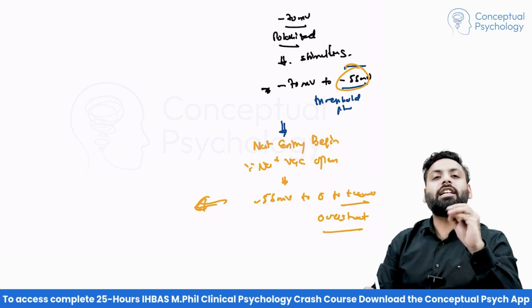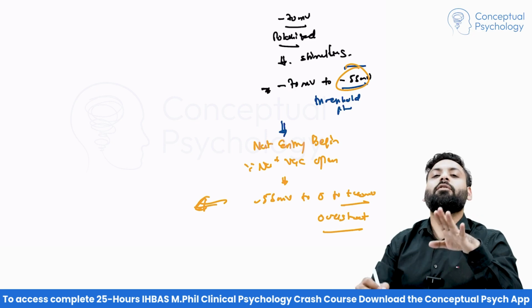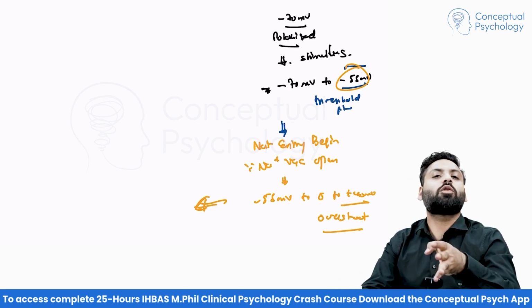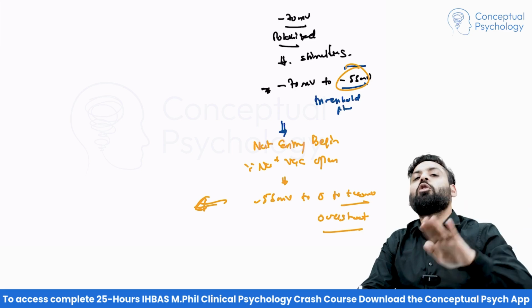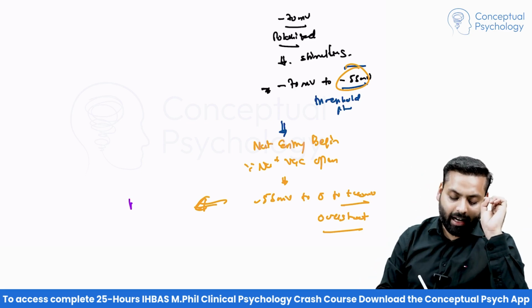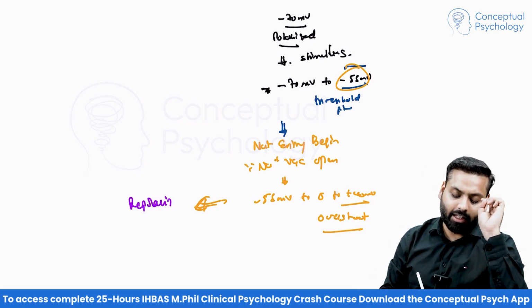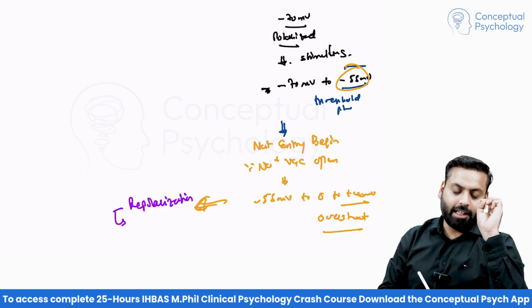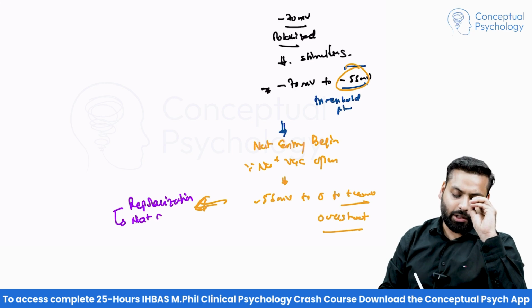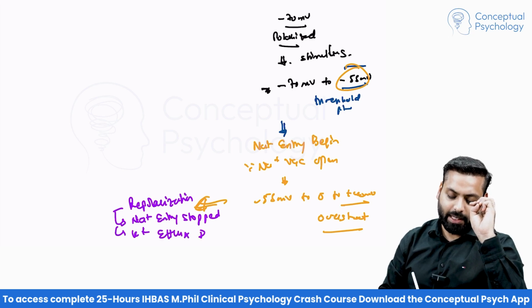So once the nerve reaches plus 40, that is, once the nerve has fired what it has to fire, now the nerve again goes back into relaxation. And going back into relaxation is repolarization. In the repolarization phase, sodium entry stops, potassium efflux is present.